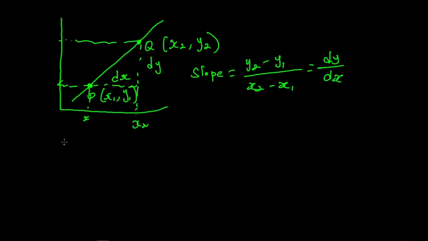For example, we have a curve in this manner. The slope of a curve is calculated at a point. And to do that, we find the tangent to that point.